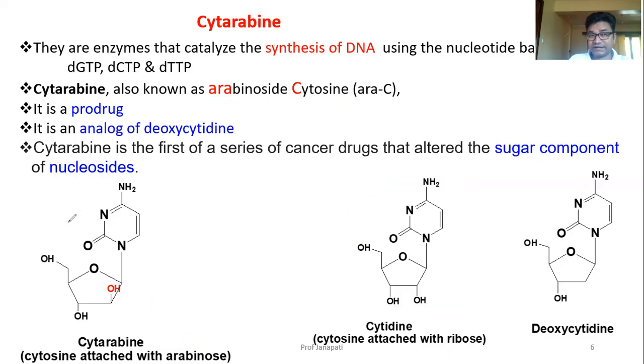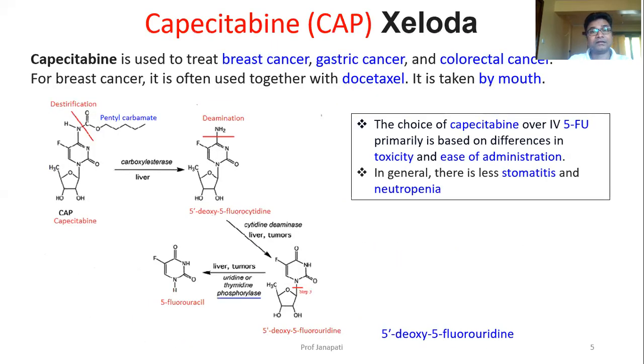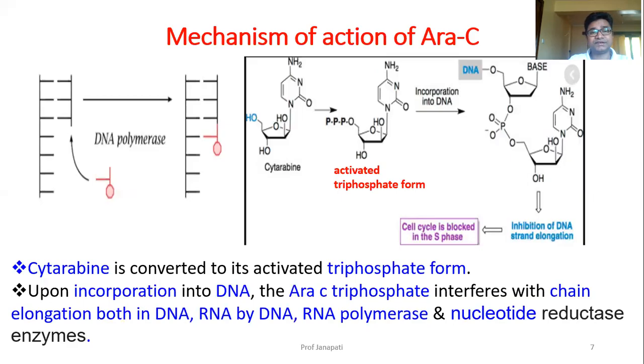Now, let us see how it acts. This drug blocks the DNA polymerase enzyme. Here you see, DNA polymerase adds new nucleotides.